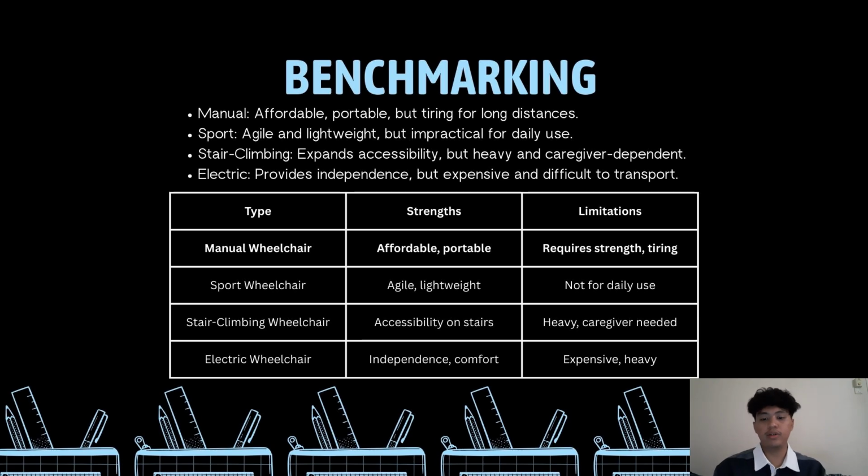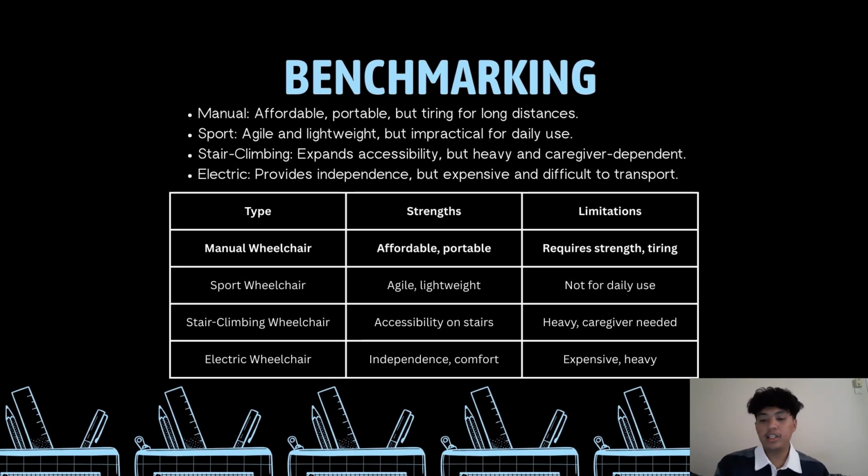Next, we evaluate more advanced options. The first is the stair climbing wheelchair, which offers incredible accessibility, but its mechanical complexity makes it very heavy and often requires an assistant to operate safely. Lastly are electric wheelchairs.